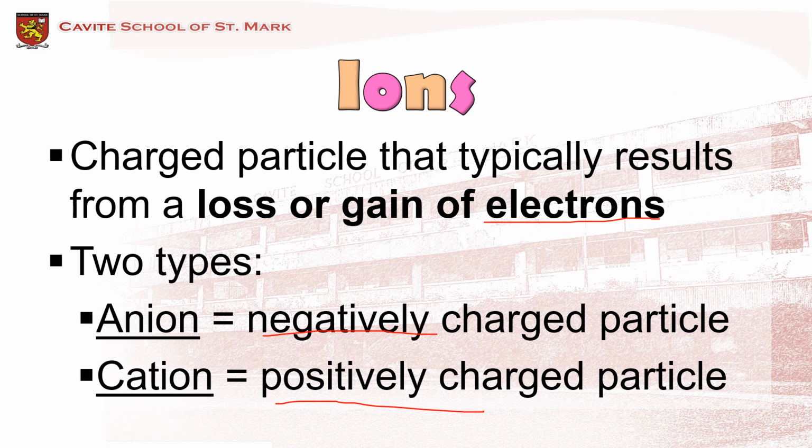By the end of this lesson, you should be in a position to define what is an ion, what is an anion, and what is a cation. An ion is a charged particle, and it is formed when an atom loses or gains an electron. As a result of either losing or gaining electrons, we form two types of ions. We either form an anion or we form a cation.